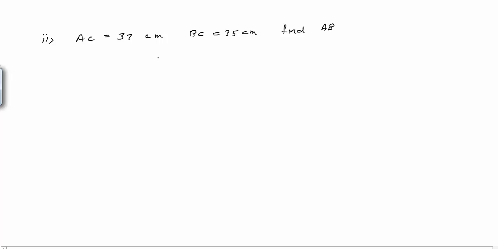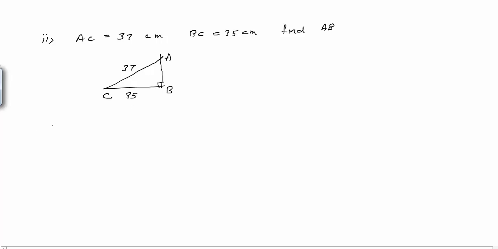So again I will make one right angle triangle. My point B is going to be 90 degree. This is A, B, and I can take this as C. They are given AC which is 37, BC which is 35.